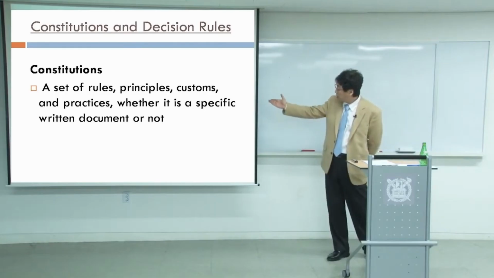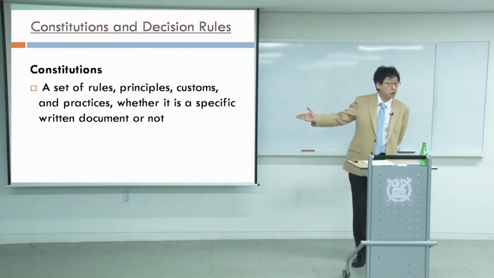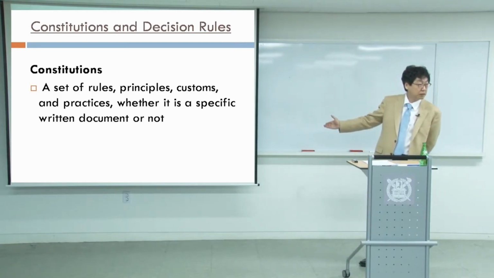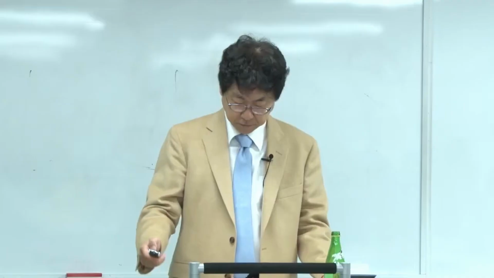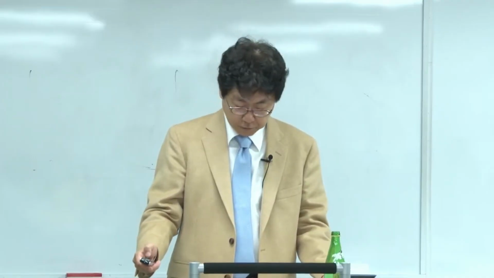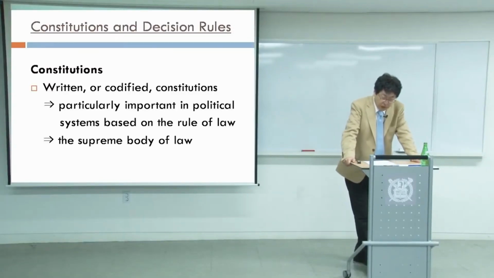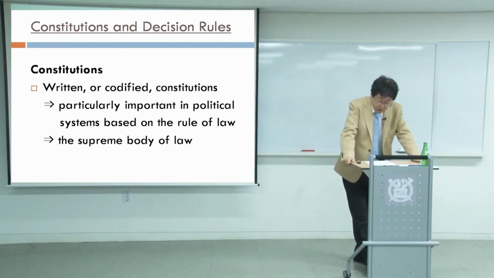Well, the end part of this definition shows that there are constitutions that are not formally written, right? And let's talk about written ones. Written or codified, the same thing.